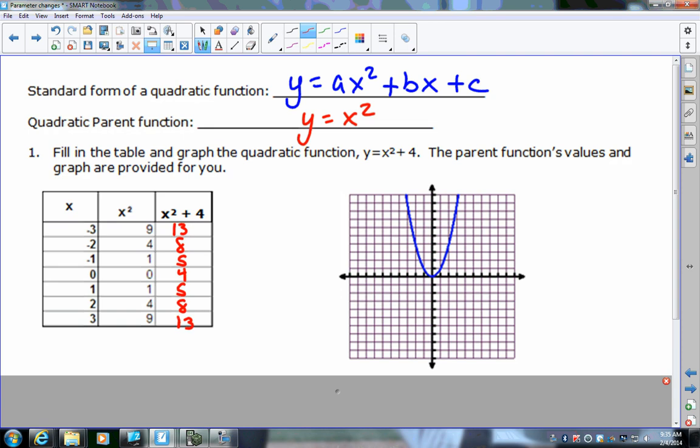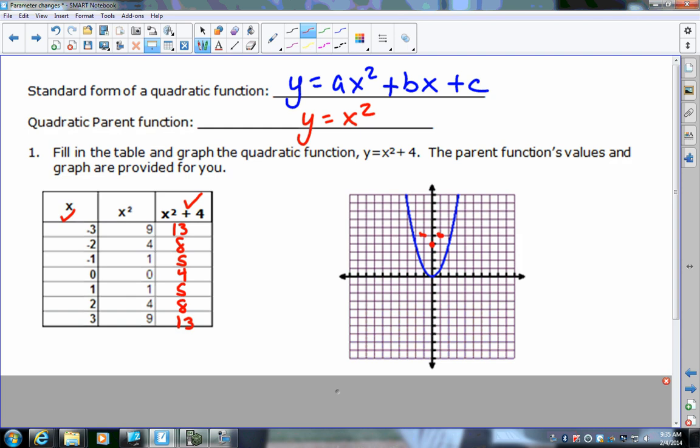So now I need to go and graph these. So remember that you're using the X and this over here in the Y column. So I can start at 0, 4: 0, 1, 2, 3, 4. Now it says let's go to -1, 5. Over -1 and up to 5 and put a dot. +1, 5.